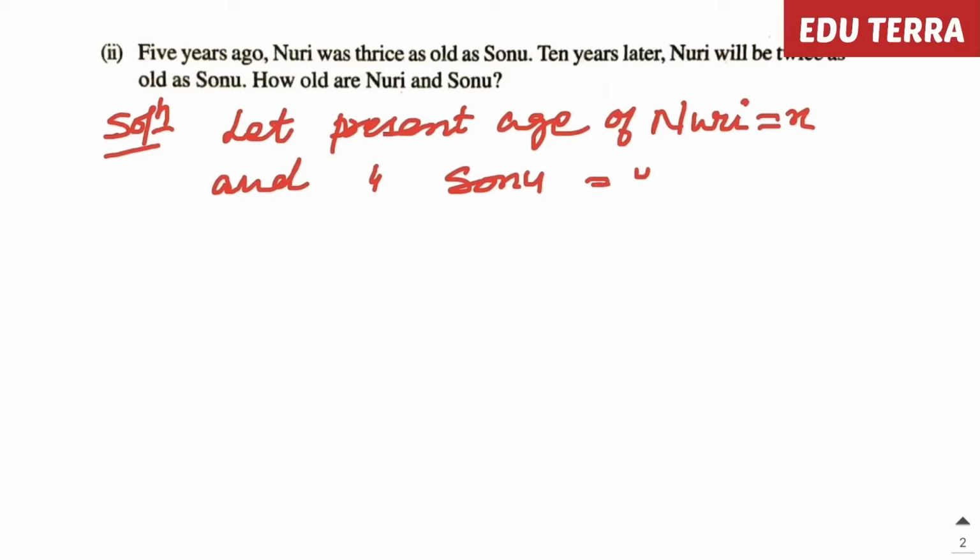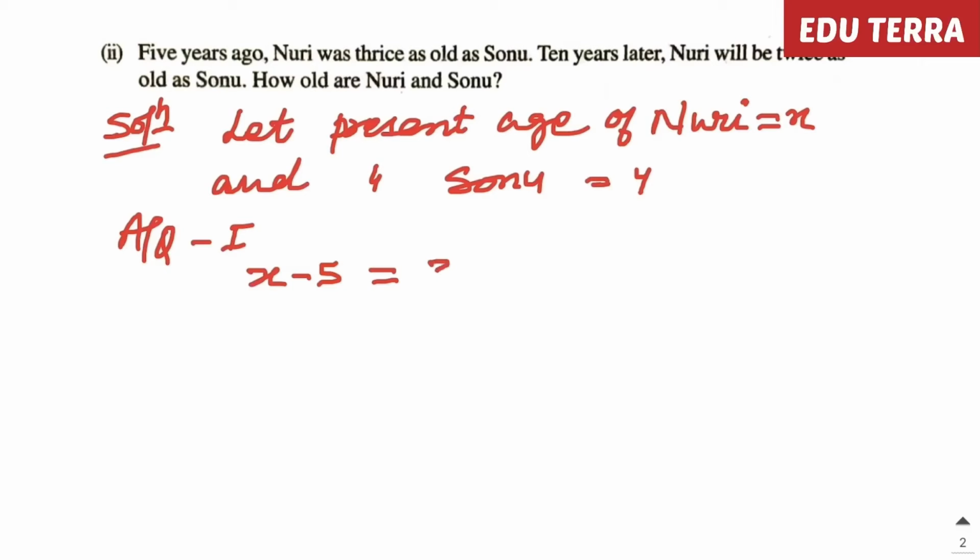So according to question condition 1, 5 years ago, it means x minus 5, because 5 years ago Noori was x minus 5 and Sonu also y minus 5, and Noori was 3 times.